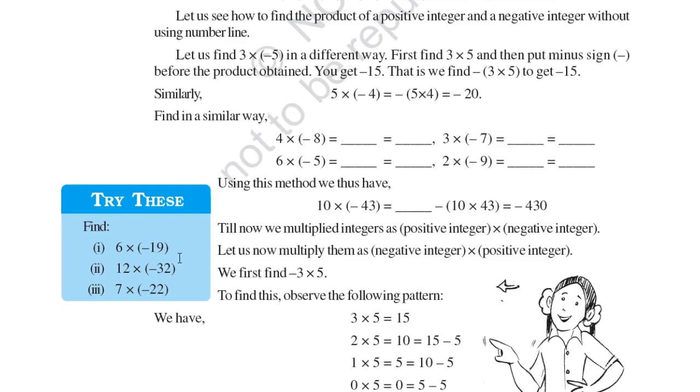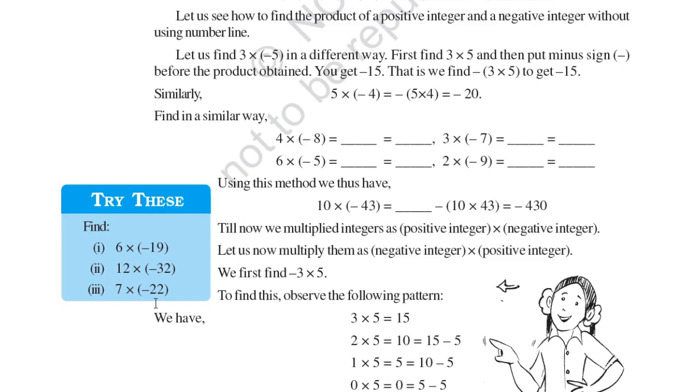So what will be 12 into 32? 12 into 32 will become 384, negative 384. And here also 7 into minus 22 will become how much? It will be 140 and 14, so minus 154 it will become. So it is clear now. Negative sign will come outside.